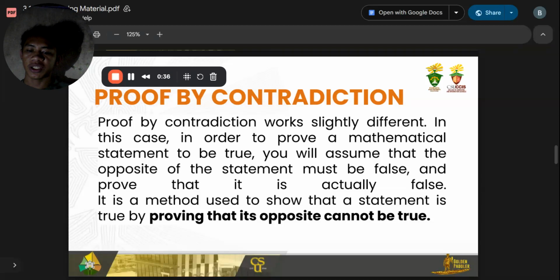The contrapositive is if not Q then not P. The key idea is that P implies Q and not Q implies not P always have the same truth value, so proving one proves the other. This is useful when directly proving P implies Q is hard, but proving not Q implies not P is easier.